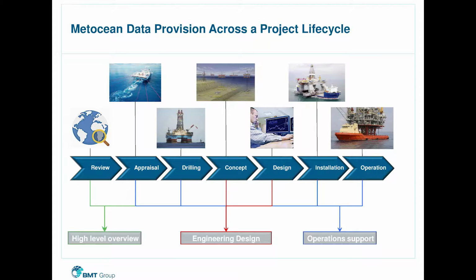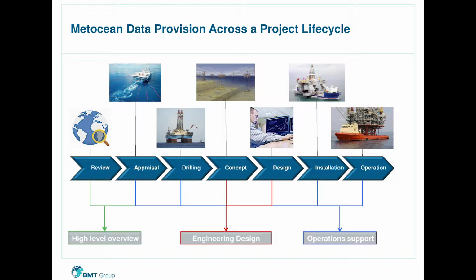If the drilling results look favourable, then they might start to select a concept for developing that offshore oil field. And then we go through a whole series of design iterations through to the point of construction and installation and then operation.